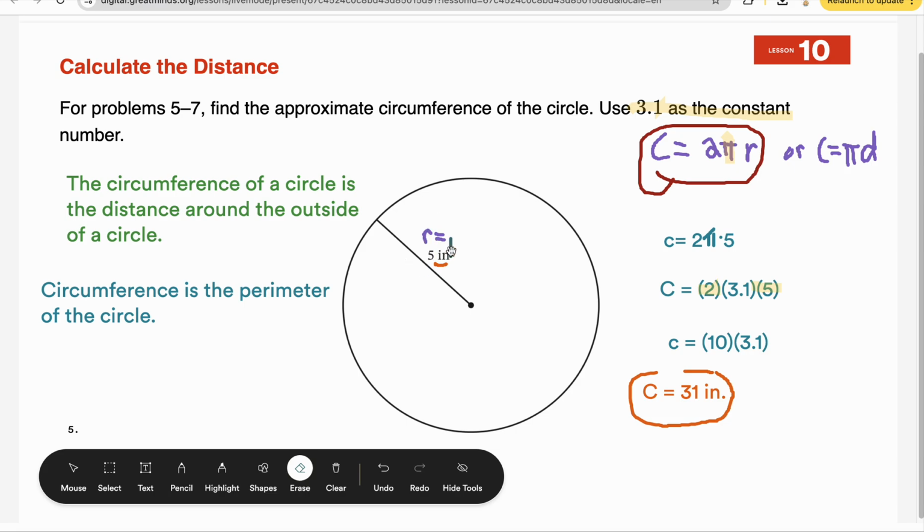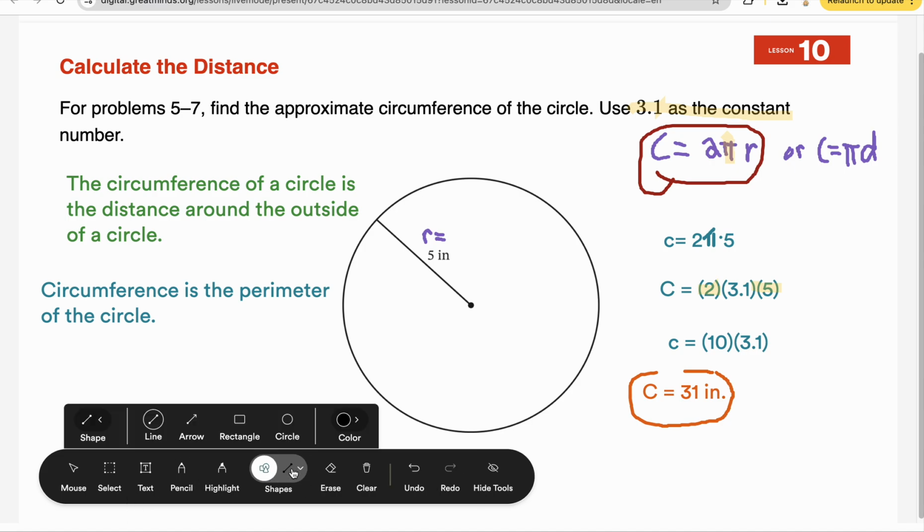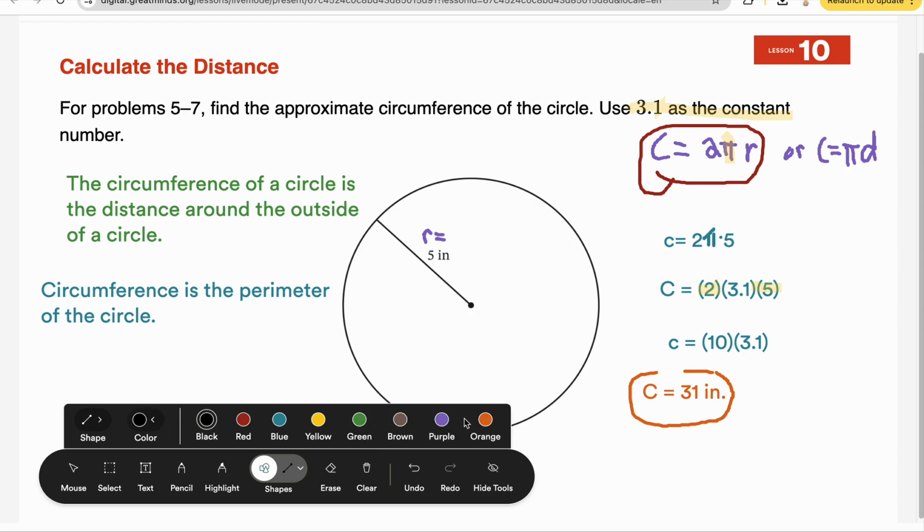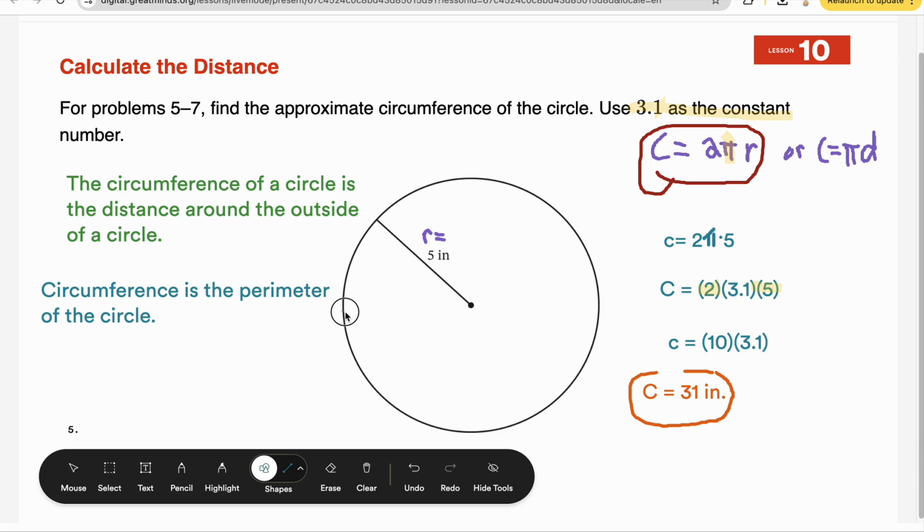It should be a review term, but just in case, the diameter is 2 times the radius. If I were talking about the diameter of a circle, I'm talking about the distance from one edge of the circle to the other edge that goes through the center.